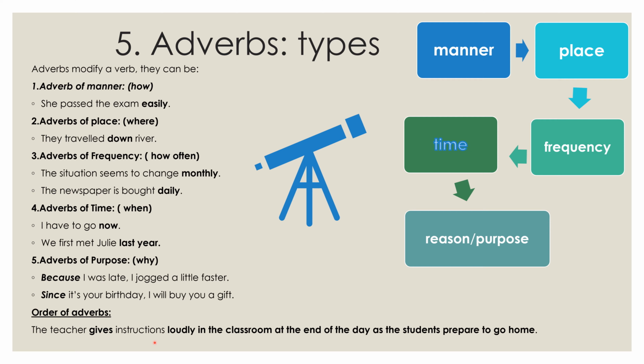The teacher gives instruction loudly, adverb of manner, in the class, place, at the end of the day, frequency, as the students prepare to go home, reason or purpose. So it's always better and correct to follow the order of adverbs wisely.